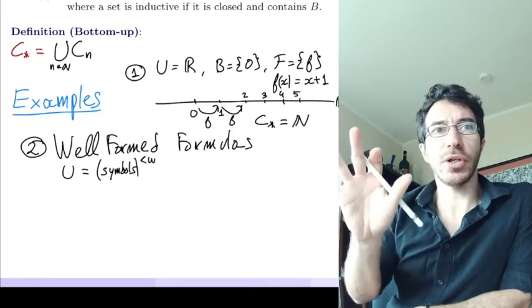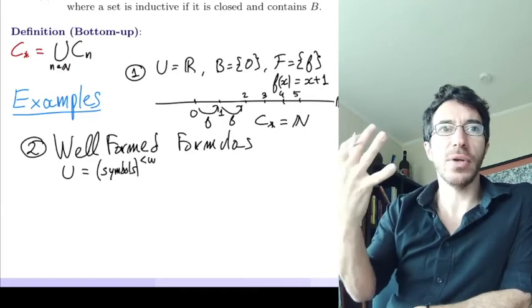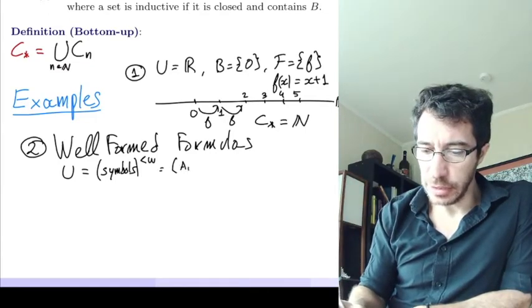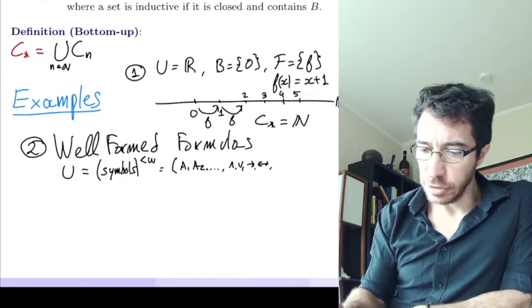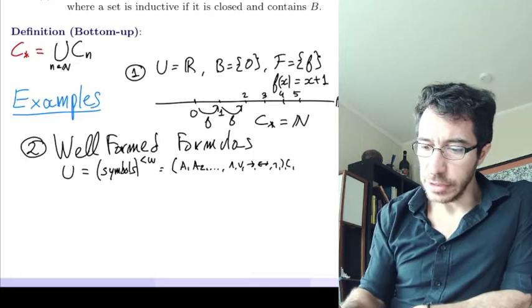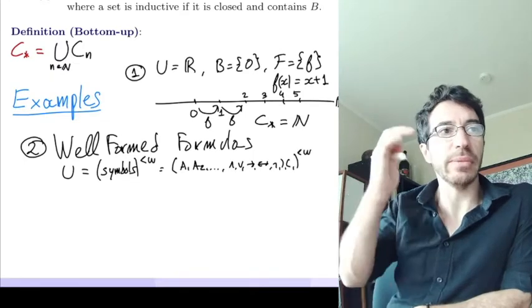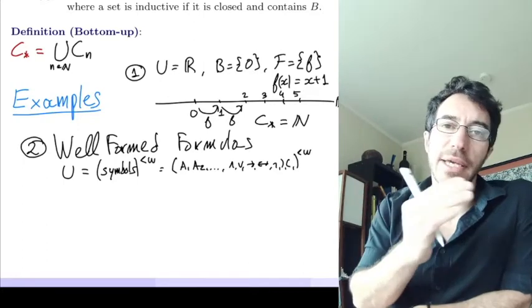Those were all the symbols that we had, and now we look at all the strings which had those symbols: and, or, implies, if and only if, not, parentheses, all these guys, and strings you can build with these. So that's U, all the possible strings you can build, the ones that make sense and the ones that don't make sense.